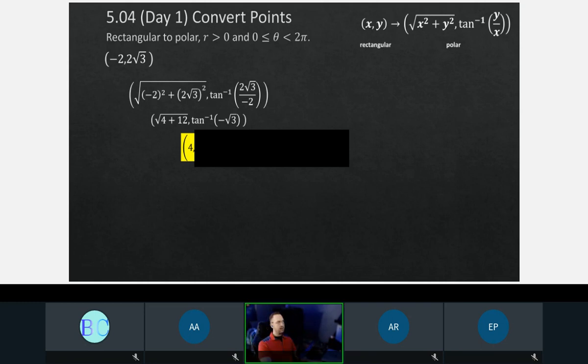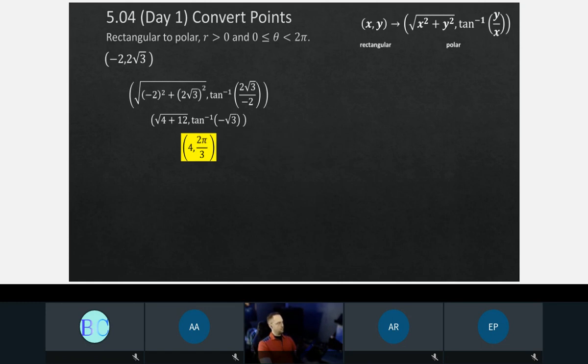So I got 2 pi over 3. Look at my unit circle to make sure I agree with my answer I typed. 2 pi over 3. Yeah, I agree with my own answer. 2 pi over 3.